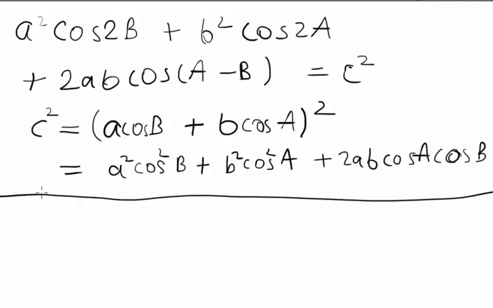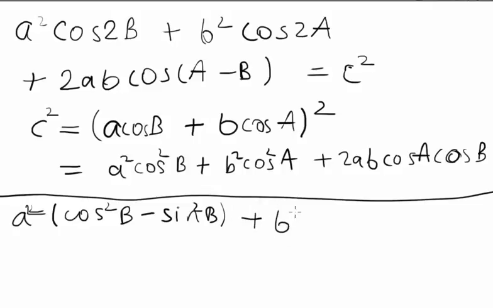So the left hand side is equal to a square, and I'll just simplify to cos 2b. So cos 2b is just equal to cos square b minus sine square b, right? So cos square b minus sine square b, and then plus b square, cos 2a, which is just equal to cos square a minus sine square a, right?